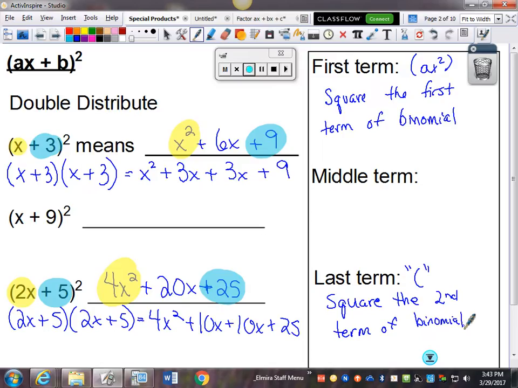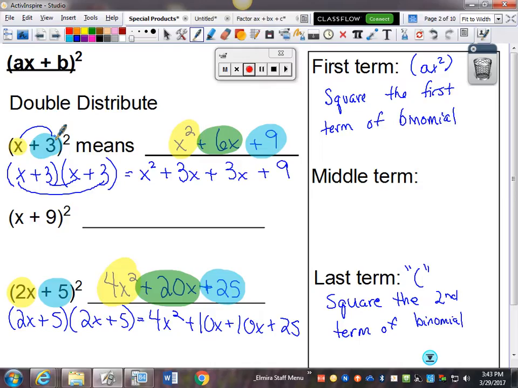Now the middle term is kind of a yellow and blue makes green kind of situation. To get the middle term, do you see how I multiplied 3 times x and another 3 times x? So I have two 3x's. That's kind of the same as multiplying the 3 times the x within the binomial, and then doubling it.